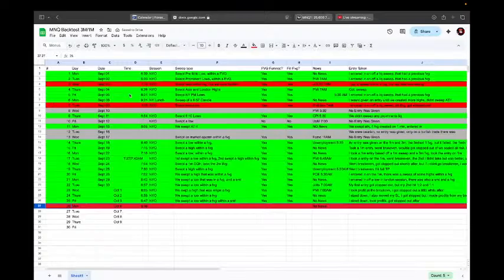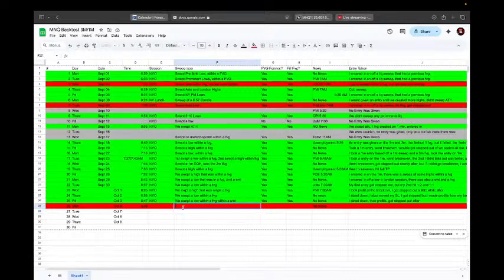Is that a dark red, or am I tripping? This looks way darker than the other ones. I don't know if I'm tripping. We swept a low within a fair value gap. Yes.